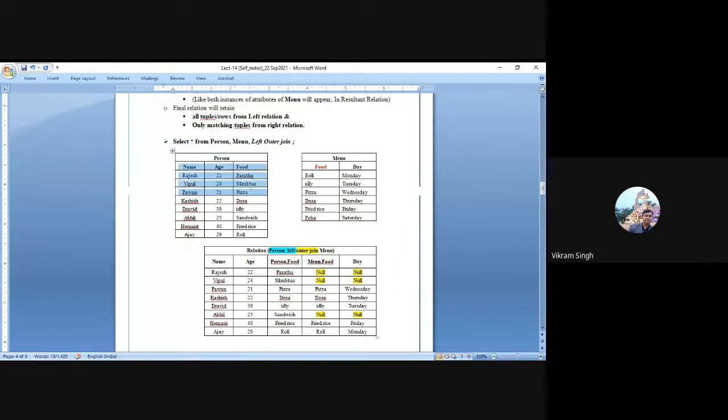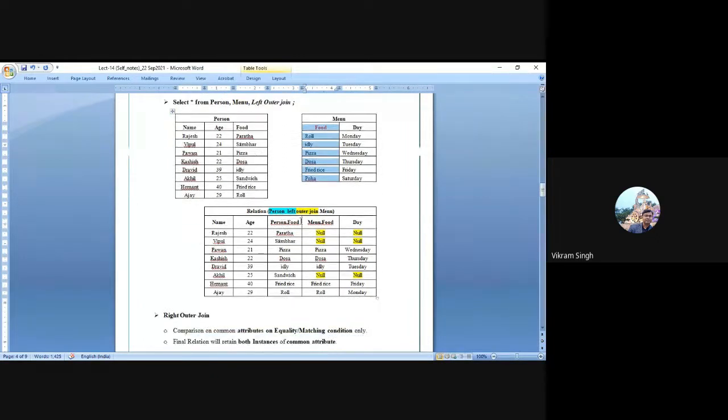So the entire table will be maintained, and if there is something matching between these two tables based on this one common attribute, it will be retained. If you see the resulting table here, person left outer join menu, all the tuples of person are maintained here as they are.